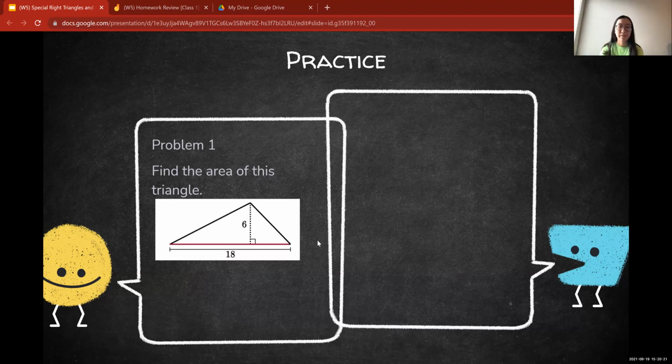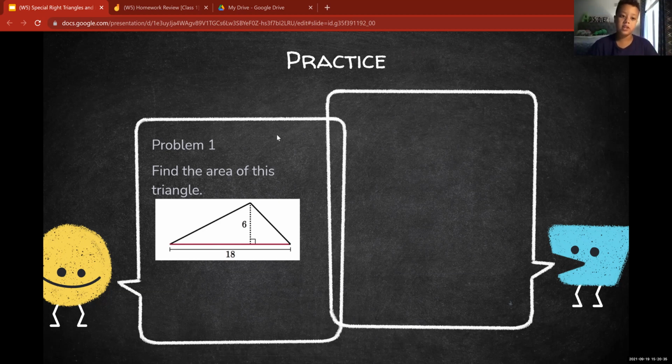Alex, you have your hand raised. Do you have a question? It's not a question, but basically if it's a real triangle, you add the first 2 numbers, for example, 3, 7, 15. If you add 3 and 7, it's 10, and if it's less than the last number, then it's impossible.